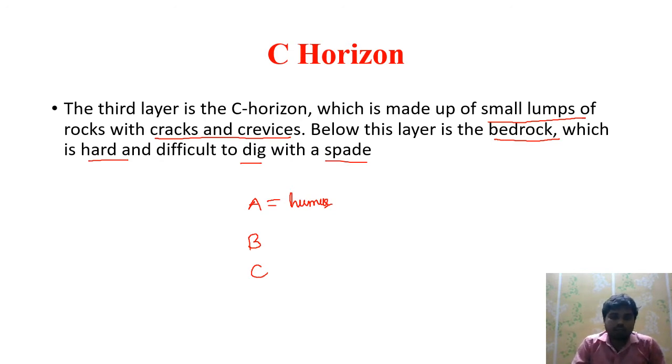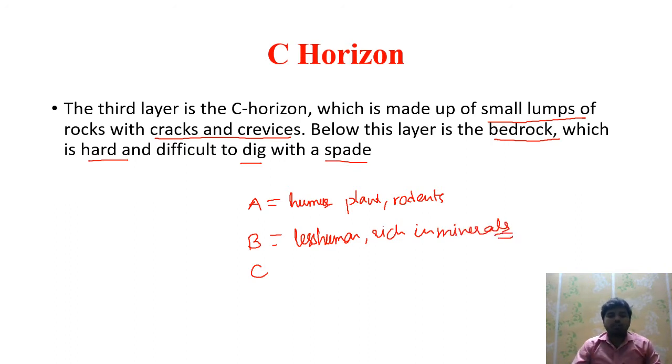All the plant roots can be seen here, and some rodents also can be seen in the A region. Now in the B region, it has humus, but less humus, and it is rich in minerals.